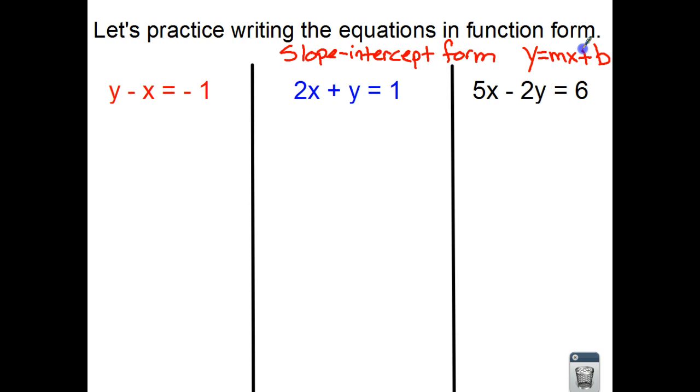Now the b can be positive or negative. Adding is the opposite of subtracting. So we could have plus b or minus b. So I'd like to start with the equal sign. I'm going to stabilize my y. It's on the left side. I'm going to keep it on the left side. I have this -1x term.